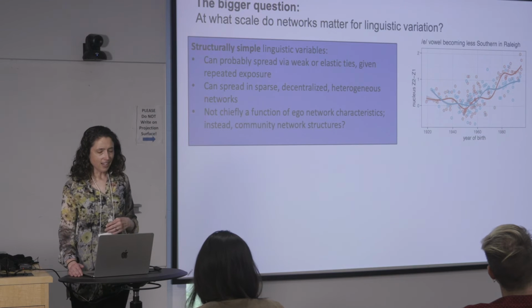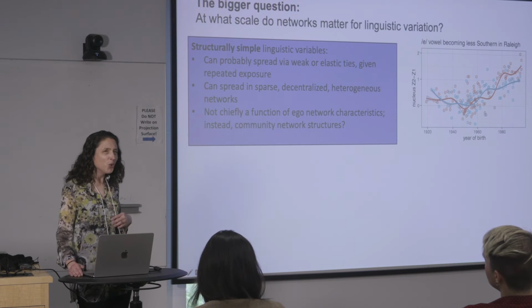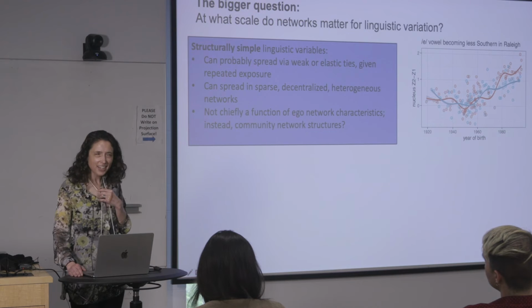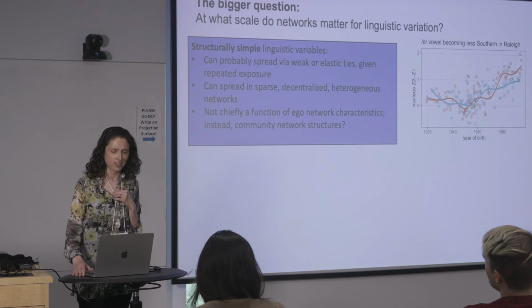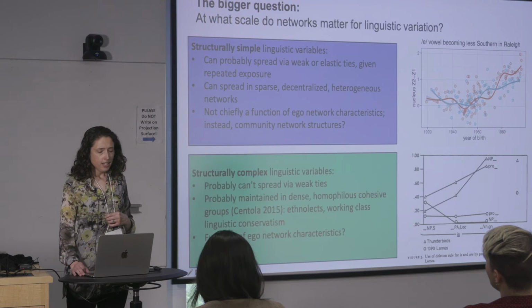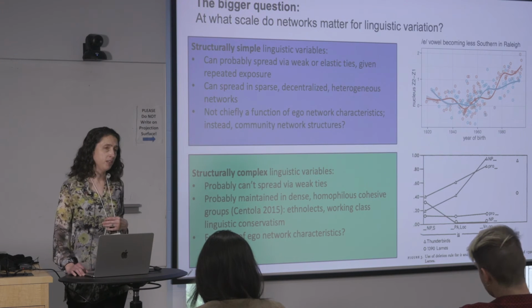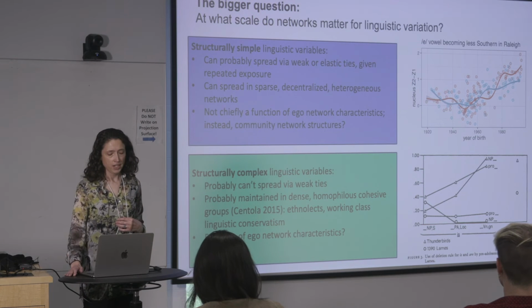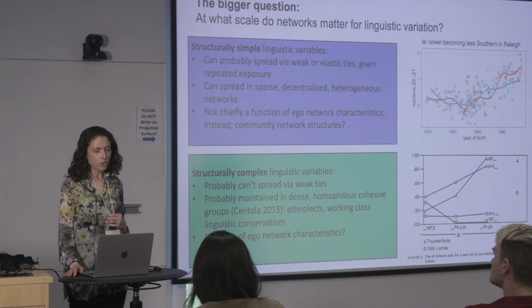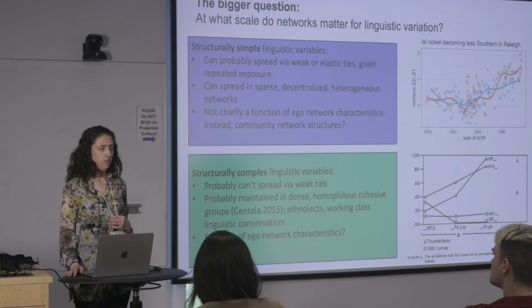It doesn't really matter what your ego network looks like, I think. I haven't directly tested that yet. Now contrast that with complex linguistic variables like copula absence, or like ash. I think those do not spread via weak ties.